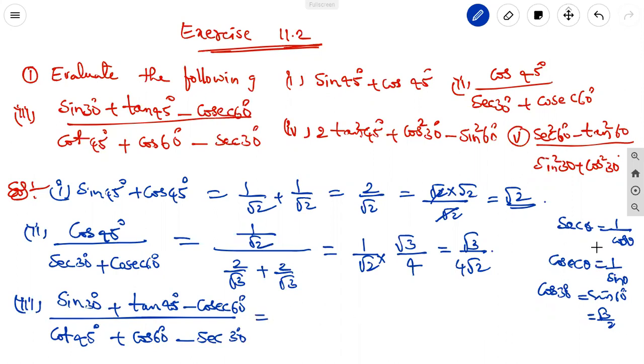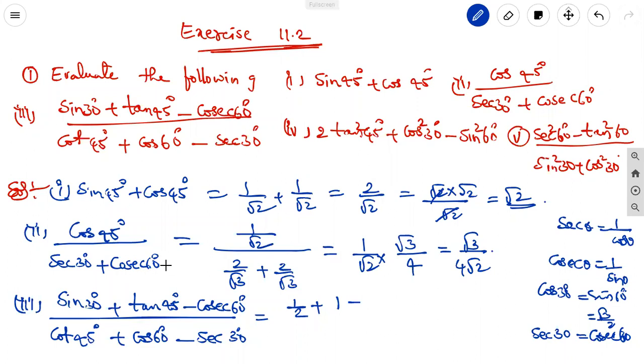It is equal to, here, just as cos 30 equals sin 60, in the same way secant 30 is equal to cosecant 60. Both are same. Cosecant 30 is equal to secant 60. Why? Because these are related to cos and sin only. We know that sin 30 is 1 by 2 plus tan 45 is 1. Why? Because sin by cos, 1 by root 2 by 1 by root 2, is 1 only.